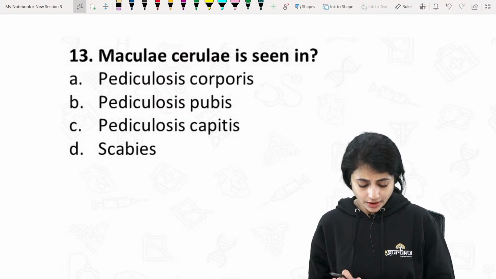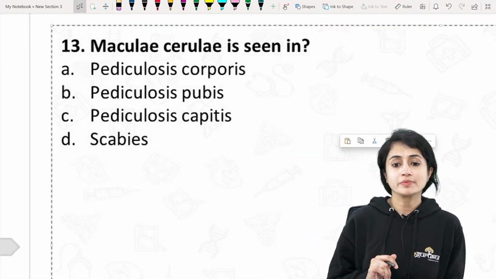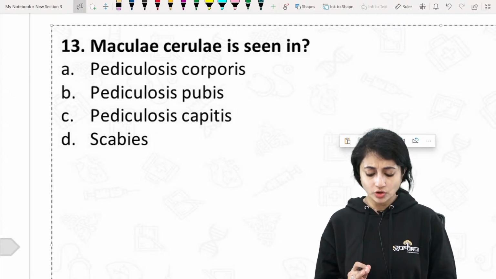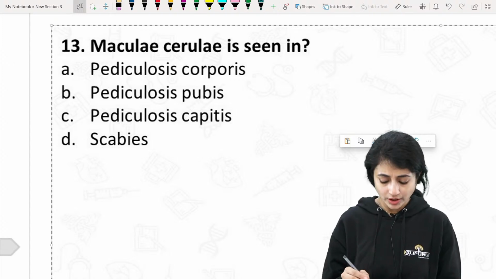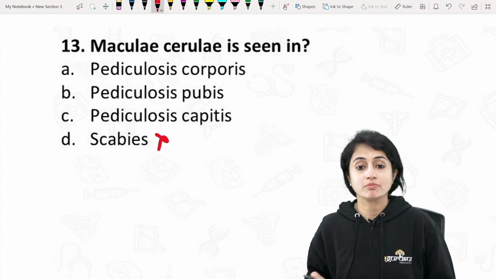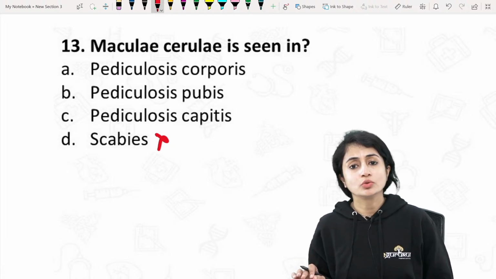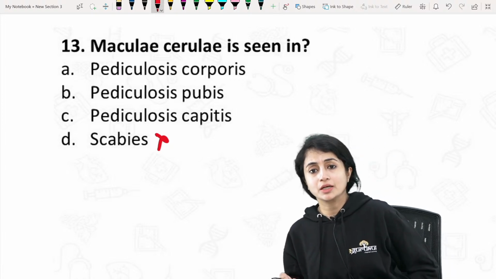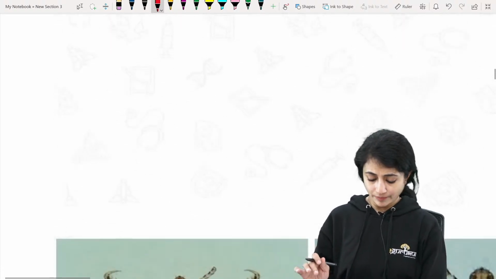Okay. The next question is, macula cerulea is seen in. What is macula cerulea? If you look at the options, I already talked in detail about scabies, and I did not talk about anything like macula cerulea in scabies. Now I have pediculosis here, so definitely it is one of them. Pediculosis is another parasitic infestation that is commonly asked and seen.